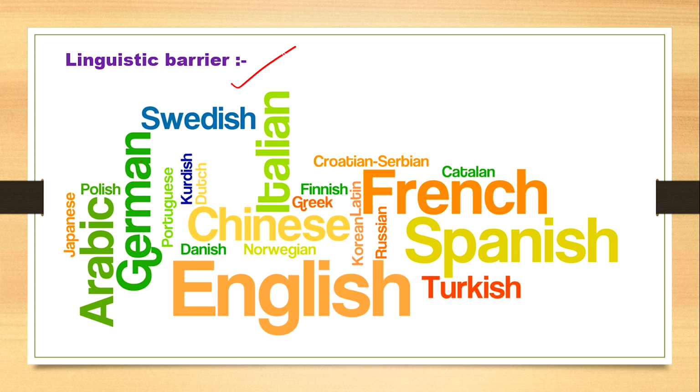Now come to linguistic barrier. What is linguistic barrier? There are so many languages here: French, Spanish, Turkish, English, Danish. If communication takes place between at least two persons, then both persons should know the same language in which they are communicating.